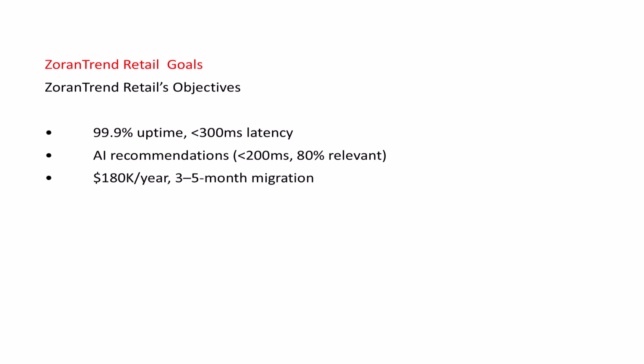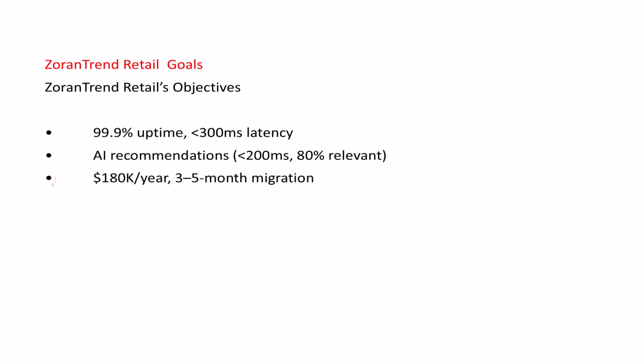Objectives include achieving 99.9% uptime to prevent crashes, reducing app latency below 300 milliseconds, delivering AI-driven product recommendations in under 200 milliseconds, scaling to 1 million actions per hour, and providing 5 personalized recommendations per user with 80% relevance.